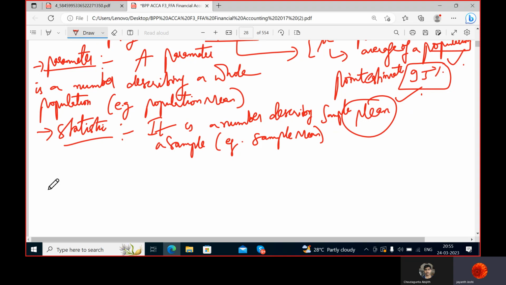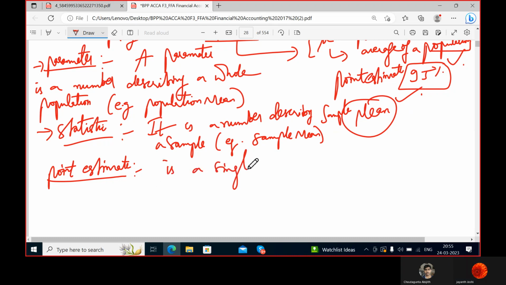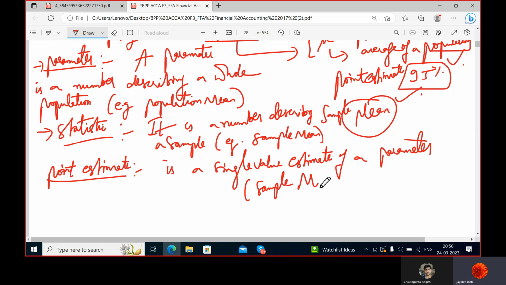Point estimate is a single value estimate of a parameter. So sample mean is an estimate of population mean. That means it can approximately tell you about the population mean, correct?